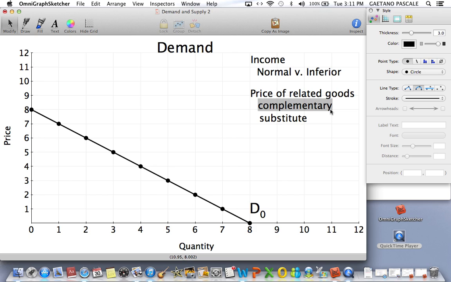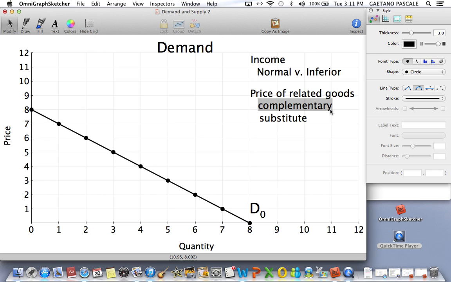For example, if car insurance rates went up dramatically or doubled in the state of New Jersey, that would cause the demand for cars to go down. If it costs that much more to buy insurance, the cost of owning a car has gone up, because the complementary good, the insurance that you're legally required to buy, has gone up.